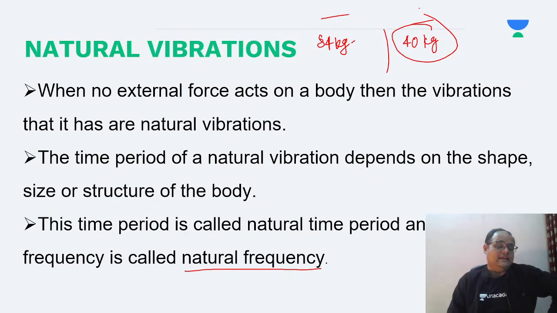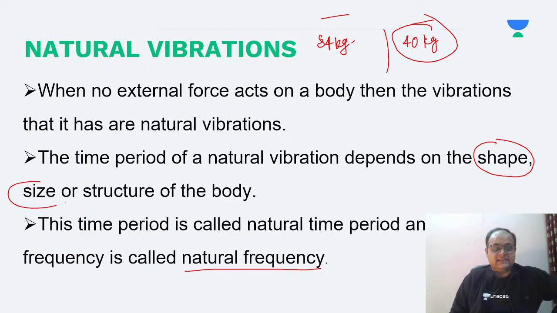So these are the external parameters, specifically the shape and the size of the body. The shape and the size of the body at times hampers the prospects of a natural vibration. It's a very basic thing. Size does matter.